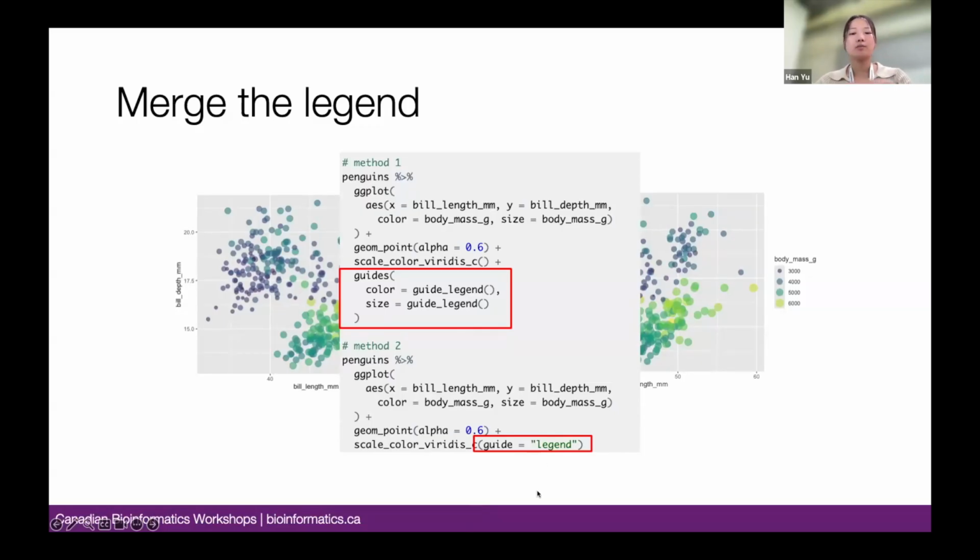So we are telling ggplot2 to treat the color scale as part of the shared legend, which allows it to merge with the size scale, since both color and size are mapped to the same variable. These two ways can merge the legends, and finally the plot will only have one legend, showing both the color and size, with all the information we want.